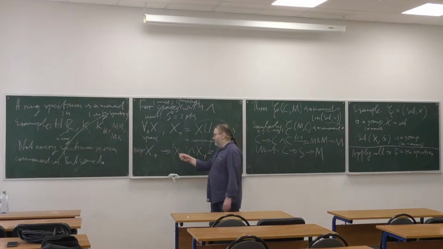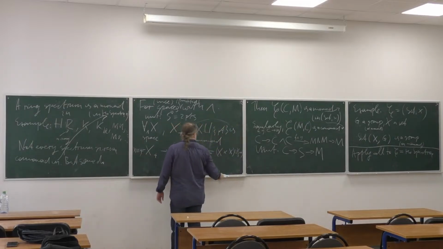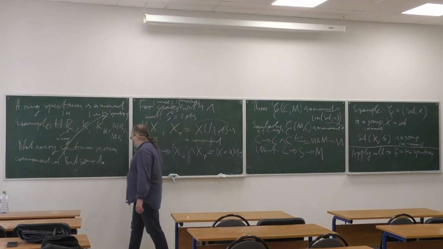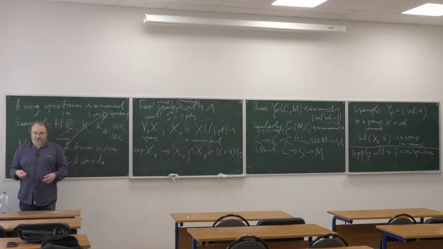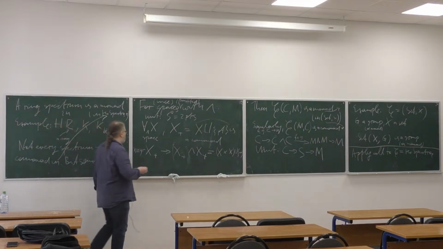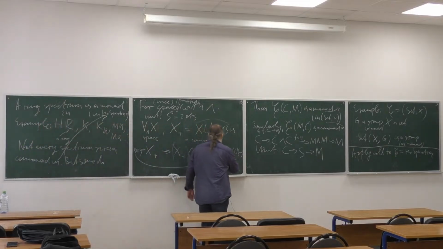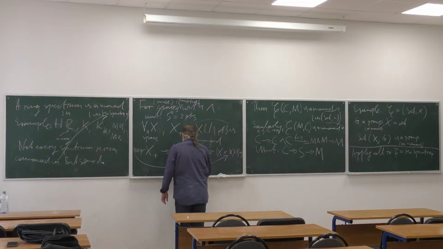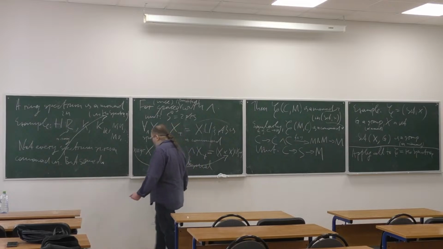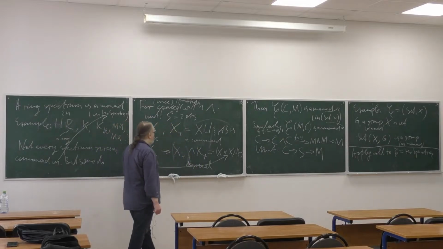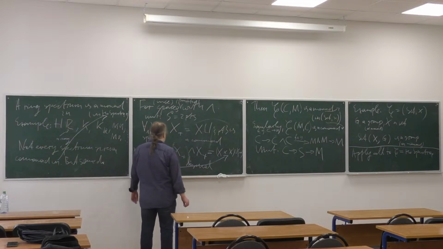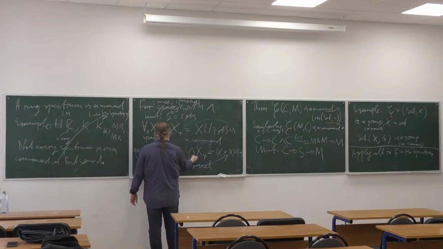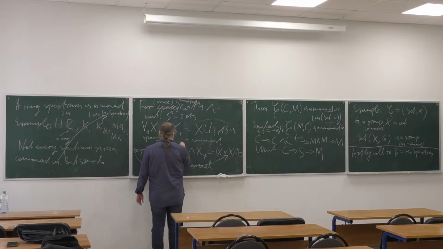I take the diagonal map on x, and the infinity will go to the infinity. Okay, so I have to find the map from x to x by x and x plus.